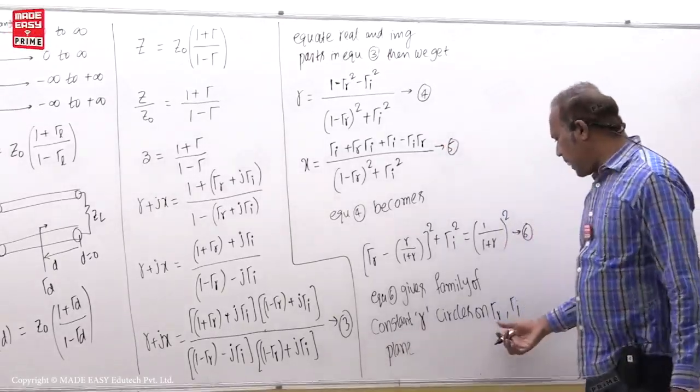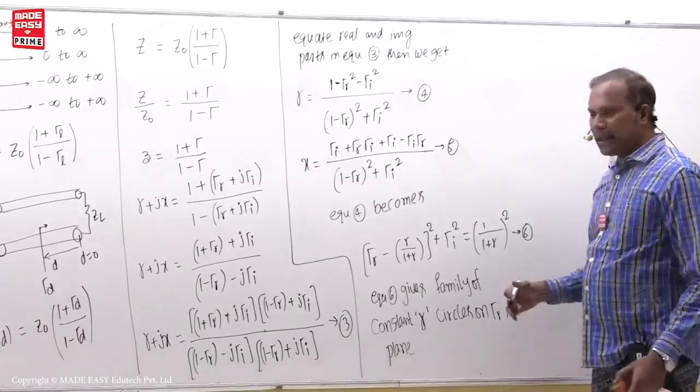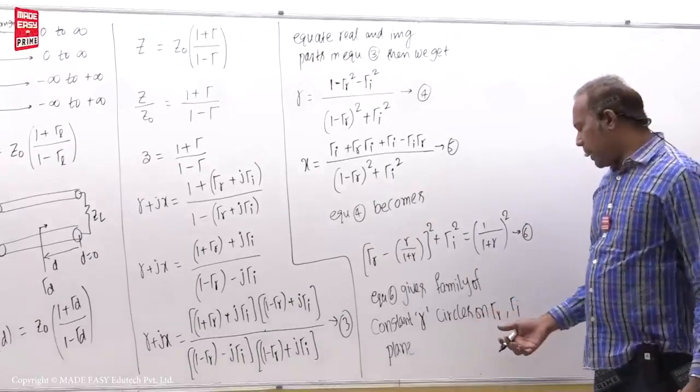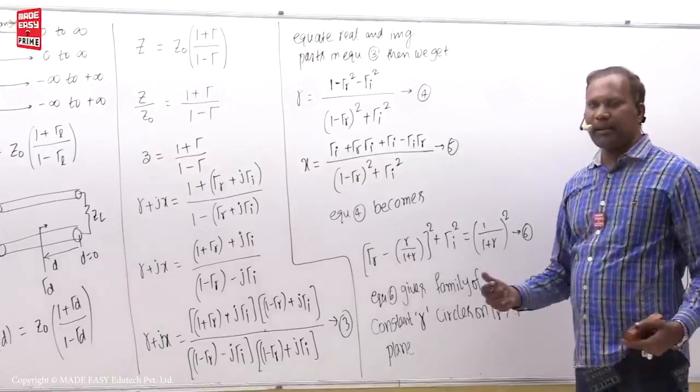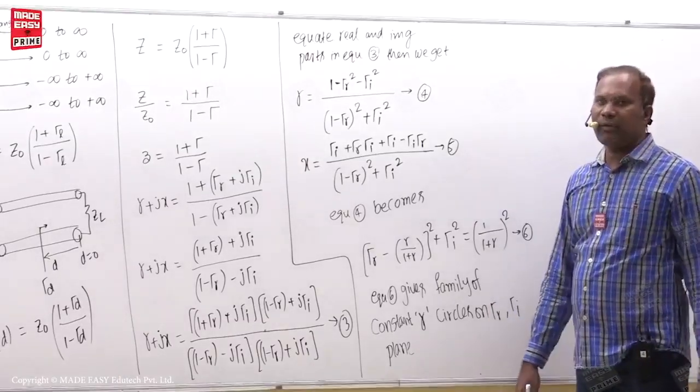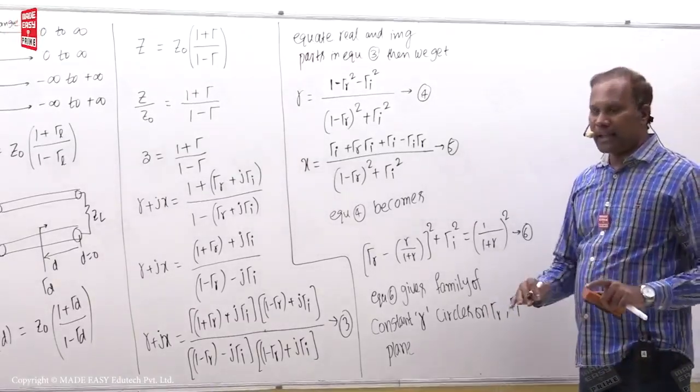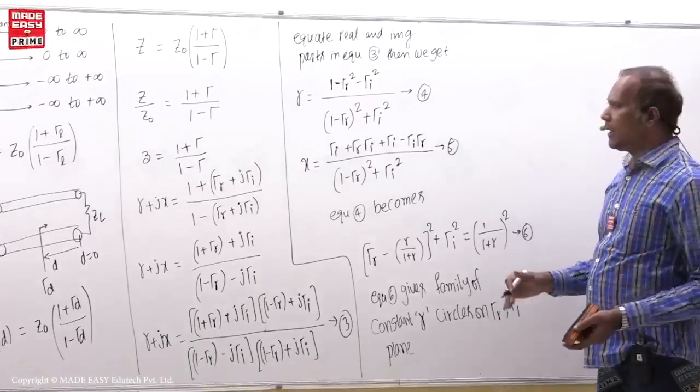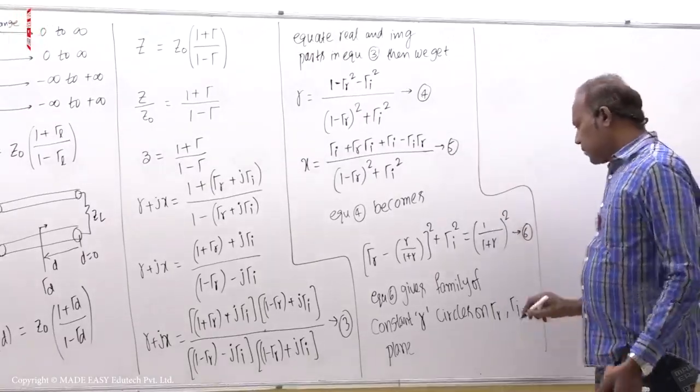Now you know what is gamma R comma gamma I plane. That is gamma plane. That gamma R and gamma I gives complex reflection coefficient. That is why the name of that plane is complex reflection coefficient plane. That is called as.